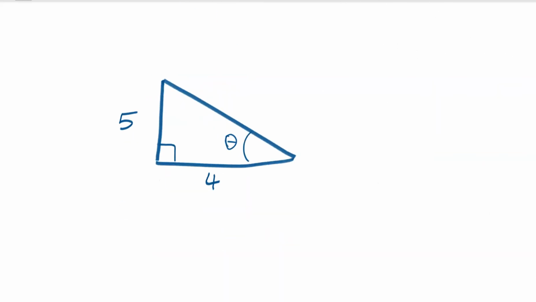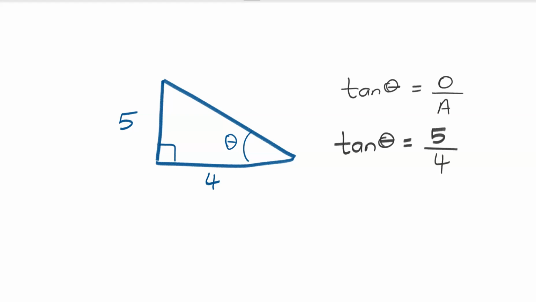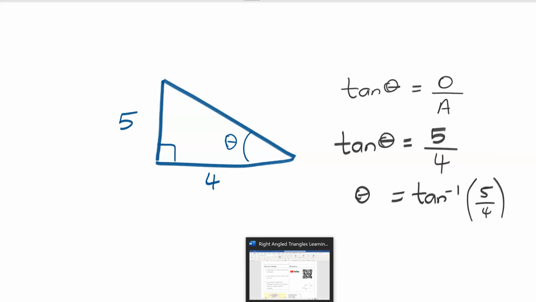And the last triangle we'll do is where we've been given an opposite and an adjacent. So over here we'll be using tan of theta equals the opposite divided by the adjacent lengths. So tan of theta equals 5 over 4. Again, we're trying to find theta. So theta equals the inverse of tan, or tan to the power of negative 1, in brackets 5 over 4.